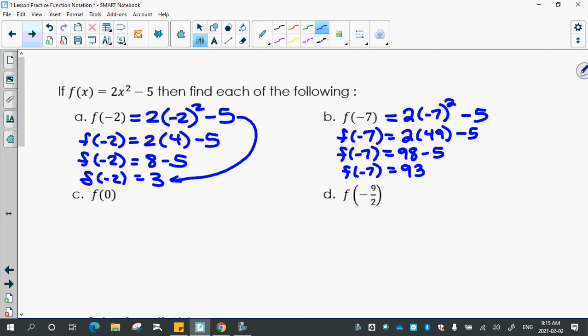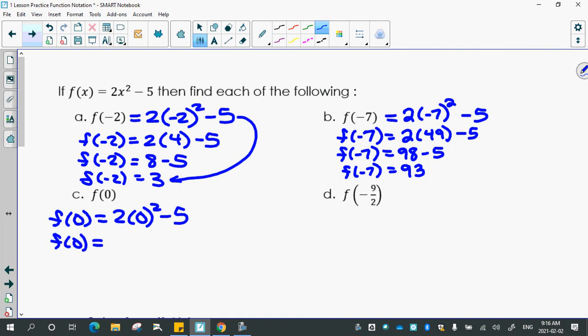Try with a 0. Two times 0 squared minus 5.